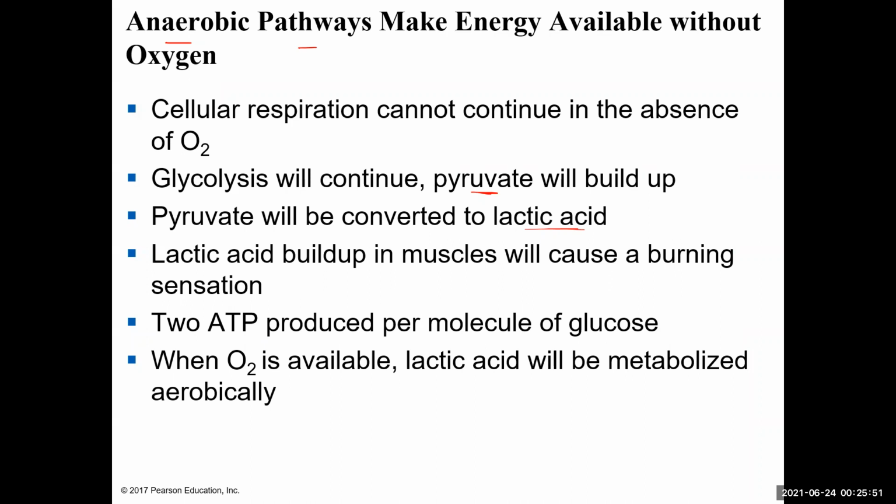Now, with this anaerobic process, 2 ATP molecules are still made in glycolysis, just like normal, but that's nowhere near the 36 molecules that you net when cellular respiration can happen in the presence of oxygen. And then whenever oxygen becomes available again, that lactic acid is metabolized aerobically, and the body gets rid of it.